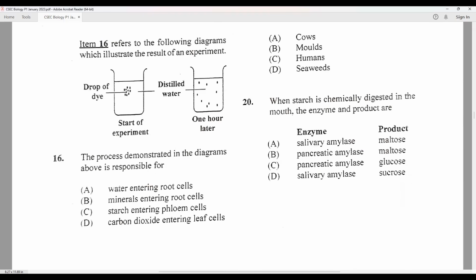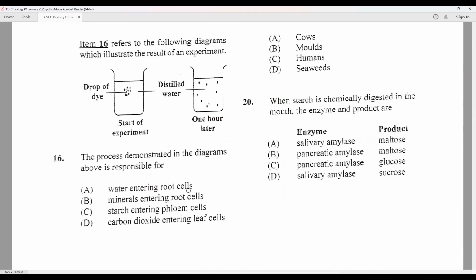Item 16 refers to the following diagrams, which illustrate the results of an experiment. We have a drop of dye, and we see it spreading out in the water 1 hour later. The process demonstrated in the diagram above is responsible for... And you have to understand that this is diffusion, so you're looking for something similar in the answers.